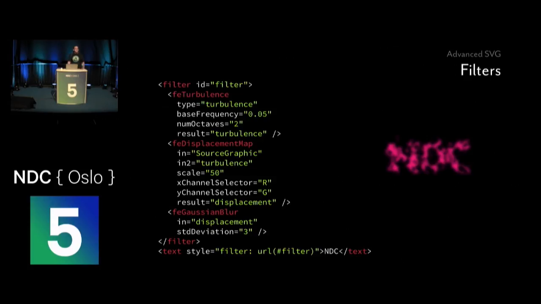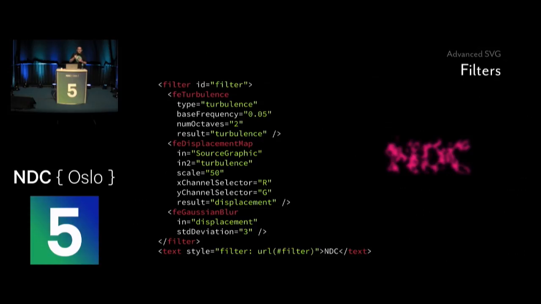This one is very common for use with drop shadows, for example, because it blurs some sort of geometry. If we didn't have the other filters and just passed the text directly into this filter effect, then we would just get a blurred version of the NDC text. But what we've done is taken the output of our displacement map and fed that into the Gaussian blur. And so now we've got this weird blur effect on top of everything else.